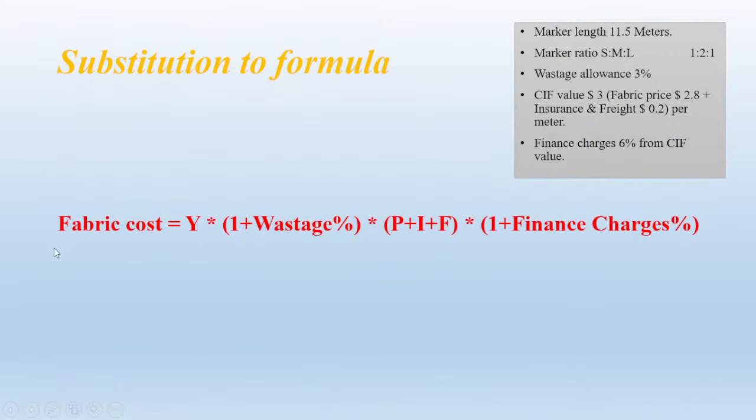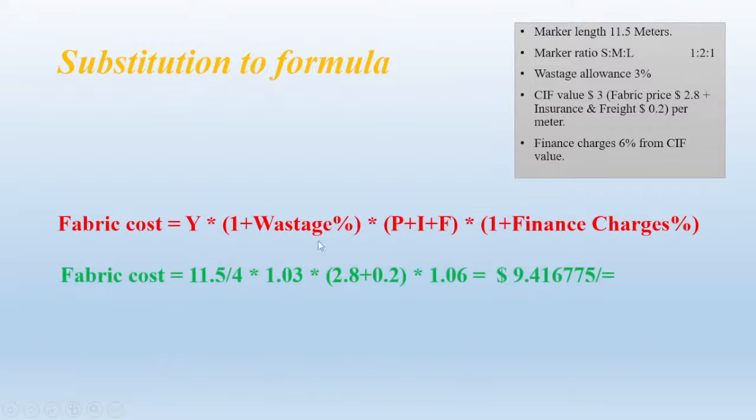This is the formula. Fabric consumption, that is Y, yield yard, into (1 plus wastage allowance) into, within brackets, price plus insurance plus freight, into (1 plus finance charges percentage).